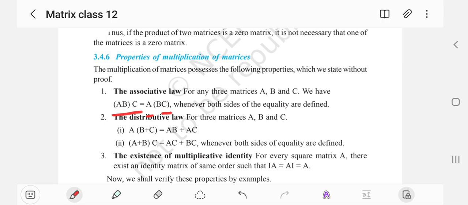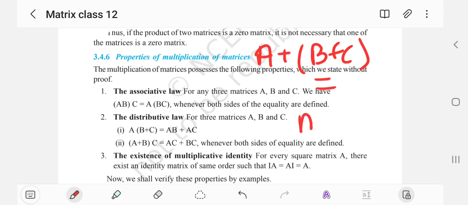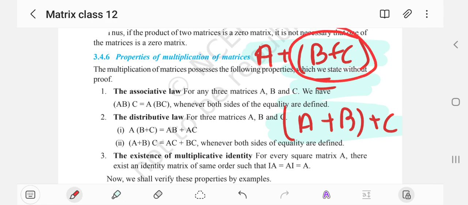And why are we considering the multiplication? Because we are discussing the property of multiplication of matrices. In case of addition, if you can remember, we discussed the associativity property like this: A plus B plus C is equal to A plus B plus C. As you can see here, the B matrix is first associated with C. How is it associated?